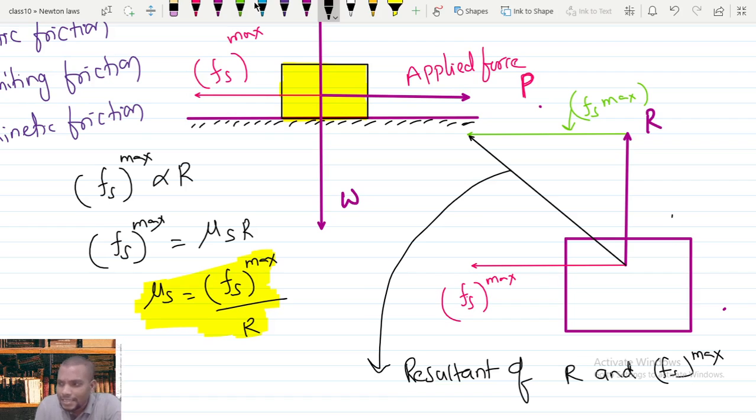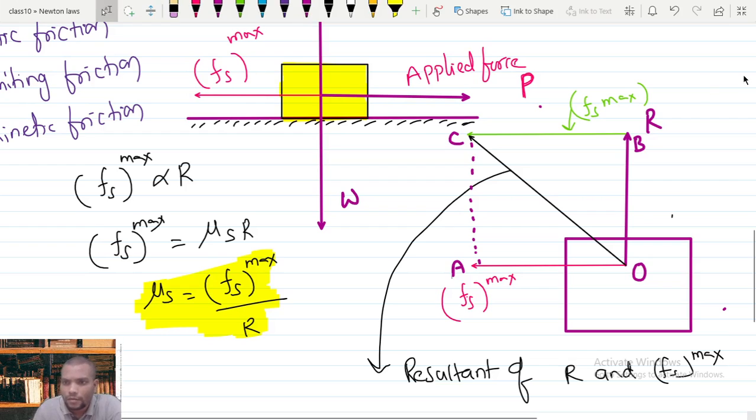Now take this as a triangle representation. Let me take this as O, this is point B, and this is point C. OB and AC are parallel, and OA and CB are also parallel. Now I take this angle as theta.